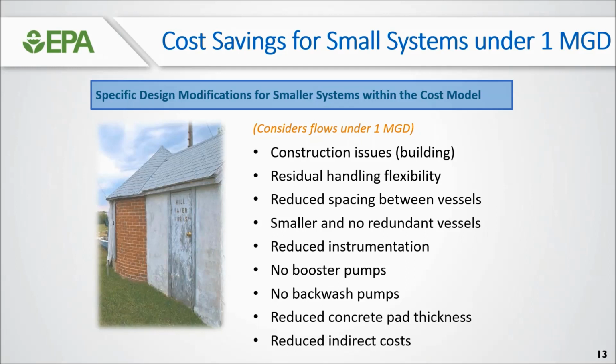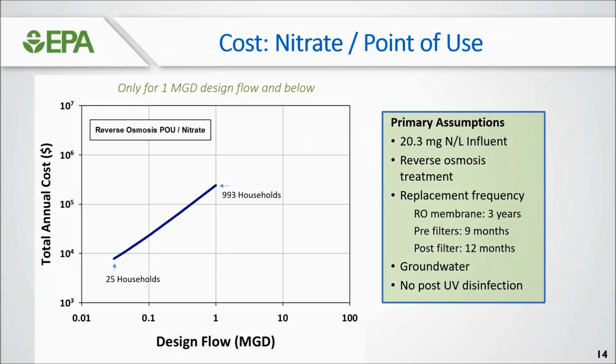They can have reduced spacing between vessels and smaller vessels, no redundant vessels, reduced instrumentation, no booster or backwash pumps. They can have a thinner concrete pad thickness than larger plants, 6 inches versus 12, and they have reduced indirect costs. So that's why you can sometimes save money with a small system.